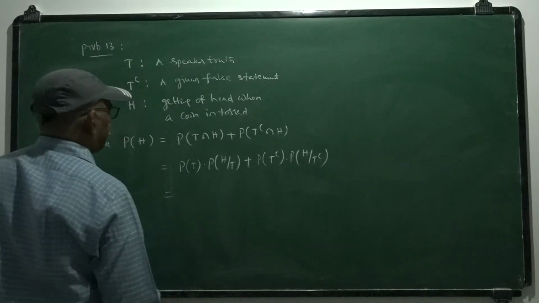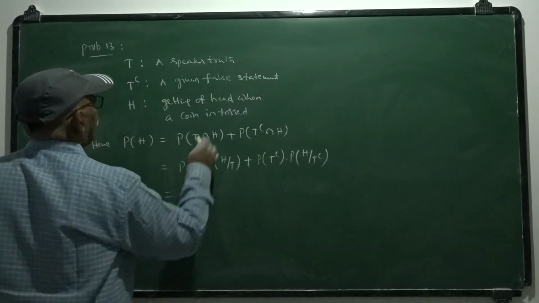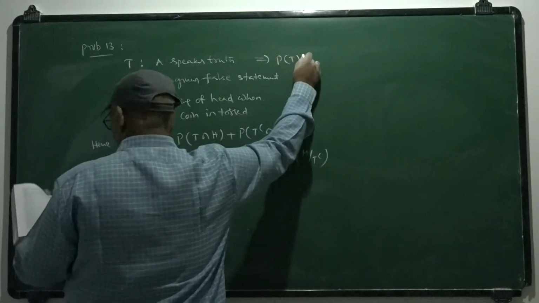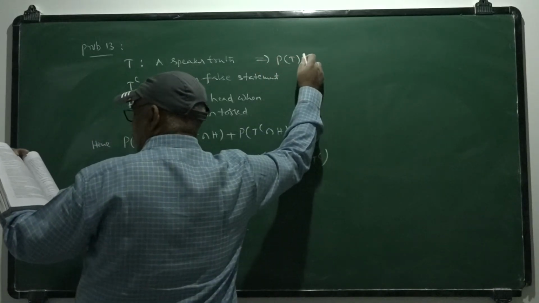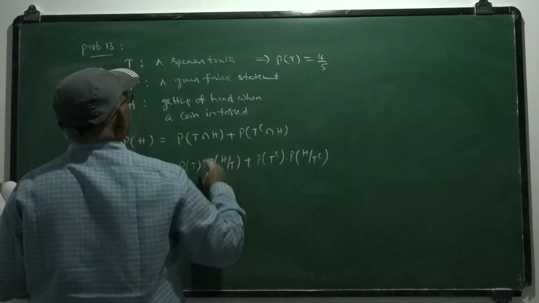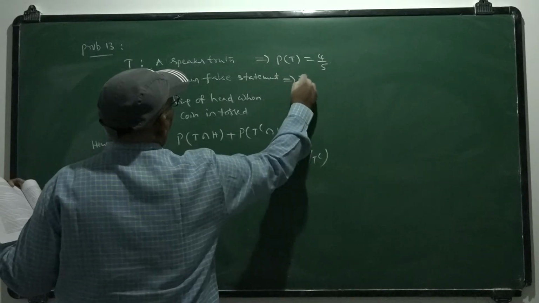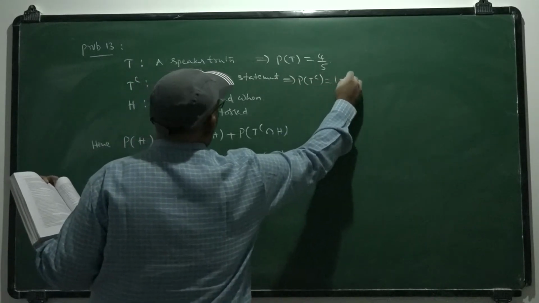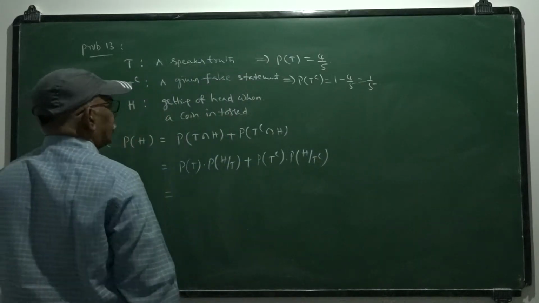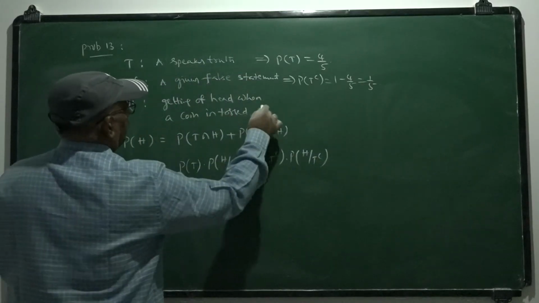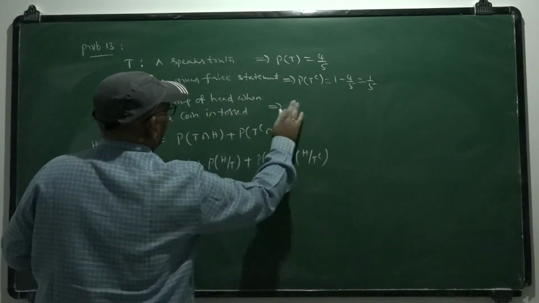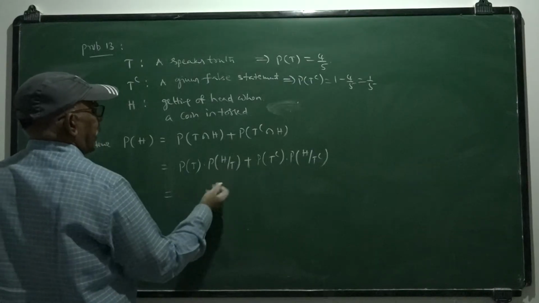Probability of T is given. He speaks truth in 4 out of 5 cases, and probability of T complement is 1 minus 4 by 5, that is 1 by 5. Probability of head when a coin is tossed, probability of getting head, of course, is 1 by 2.